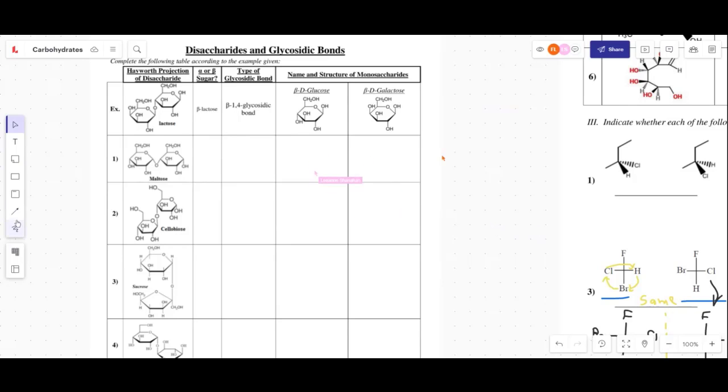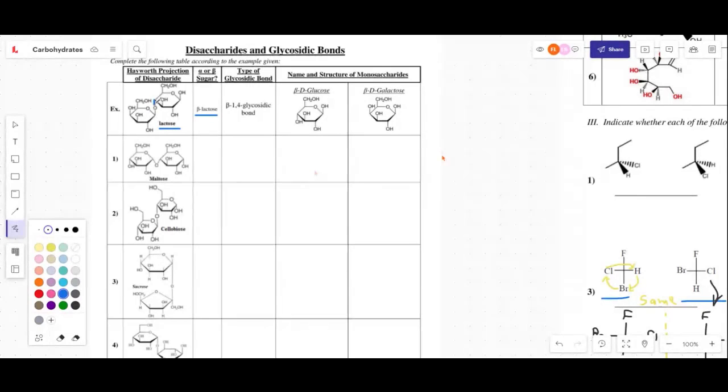So if I'm looking at beta lactose, that's this one. First of all, the compound is given to me as lactose, and the bond that connects two monosaccharides is known as the glycosidic bond.